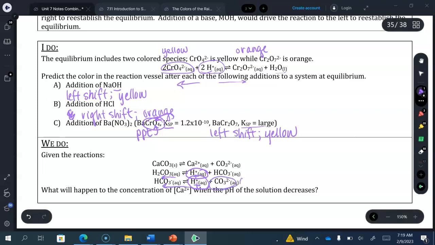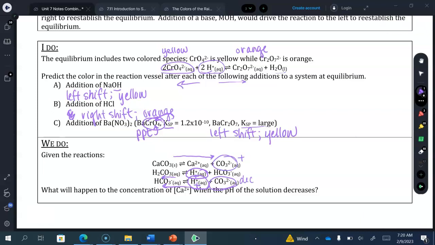So this decreases here, which means that we will try to make more of it in another reaction to keep reestablishing equilibrium. So that means that this is going to shift to make more. So then the calcium ion increases. So the calcium ion concentration would increase.